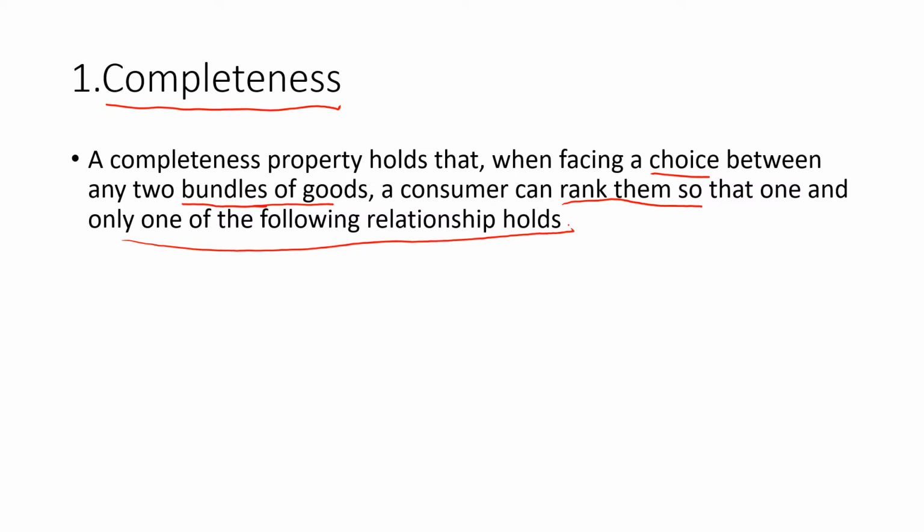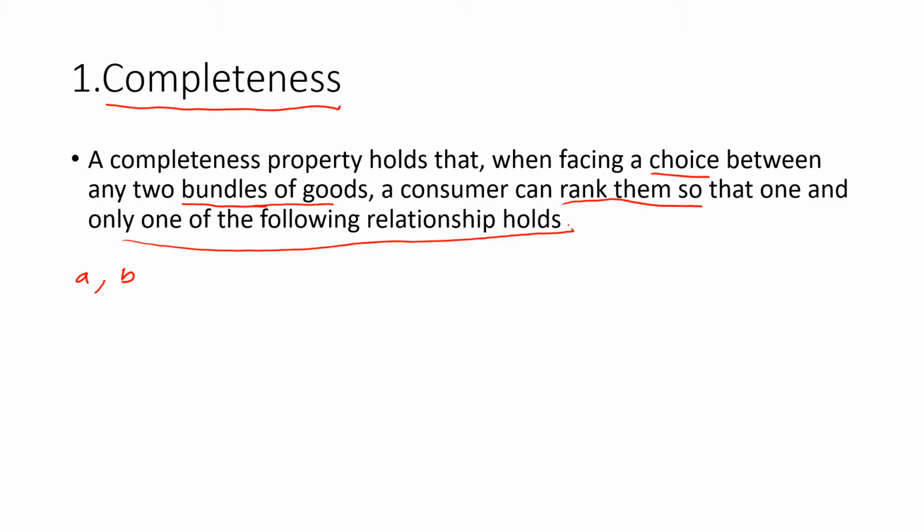Let us discuss those relationships. Let us say that there are two bundles, bundle A and bundle B, and these bundles consist of two goods, or maybe three goods, but let's say for simplicity two goods.